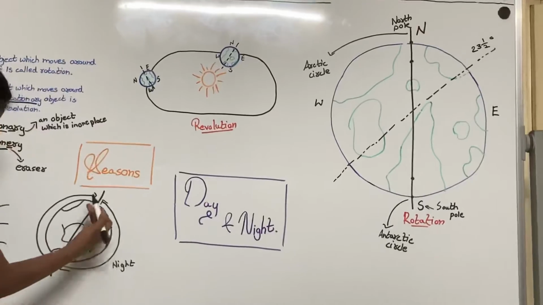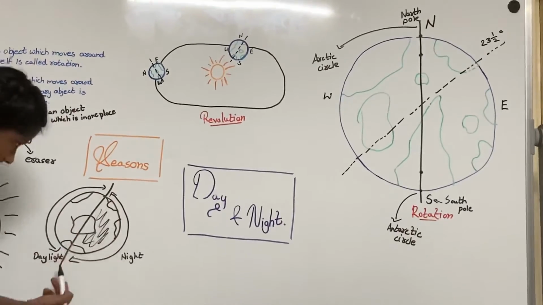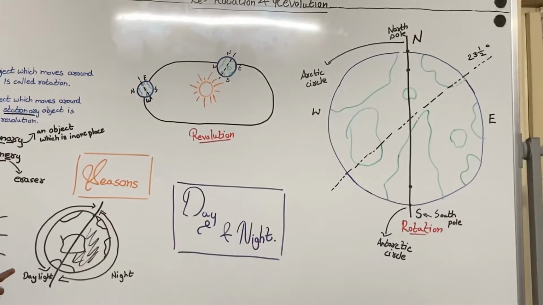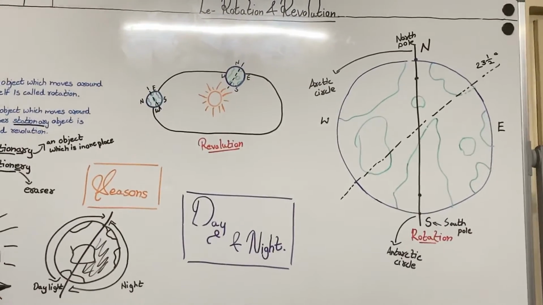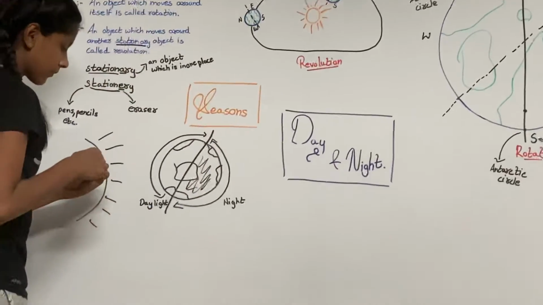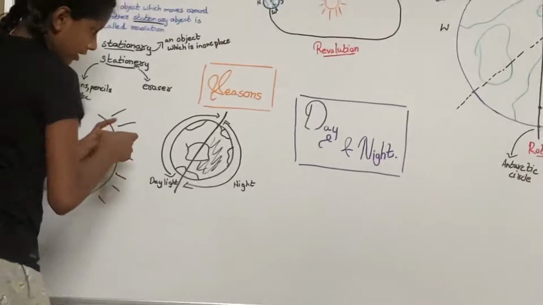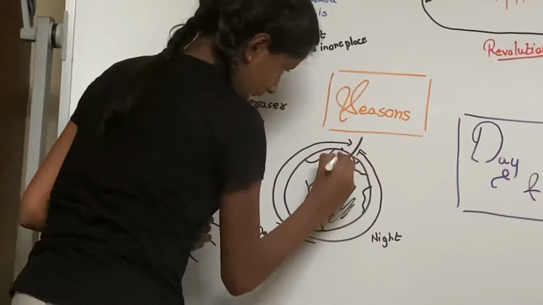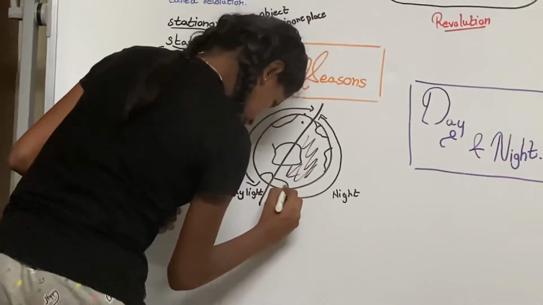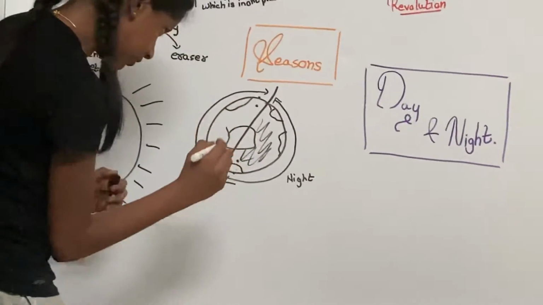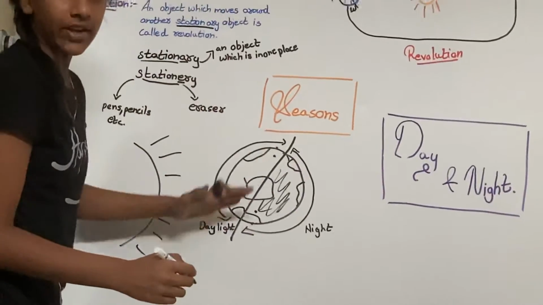Now here I have drawn for day and night, right? The Earth's axis is tilted like this. So here is the pole, Arctic Circle, South Pole, Antarctic Circle, right? Not appropriately, but somewhere there.